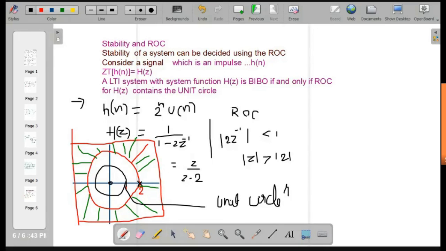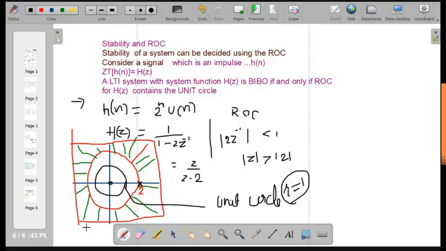When the radius R is 1, that circle is called the unit circle.